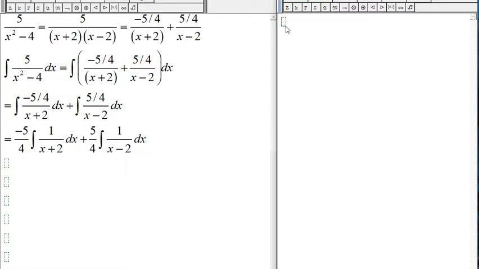And then recall, we have a formula involving this type of integral. If we have the integral of 1 divided by x plus some constant a dx, recall this is the ln, or the natural log, of the absolute value of x plus a, plus c.